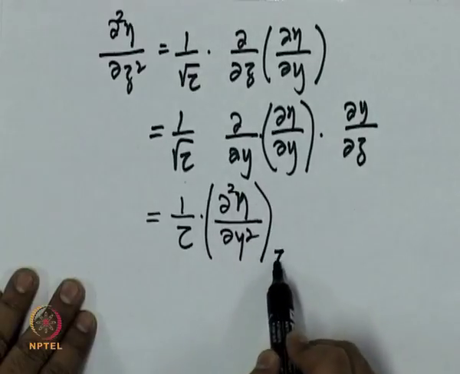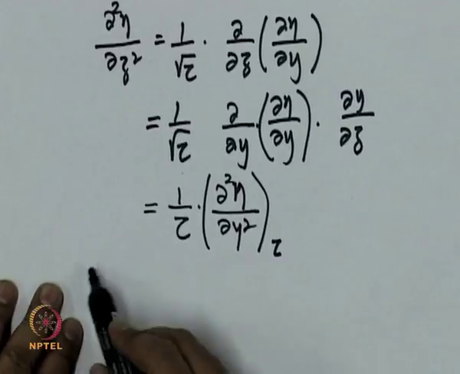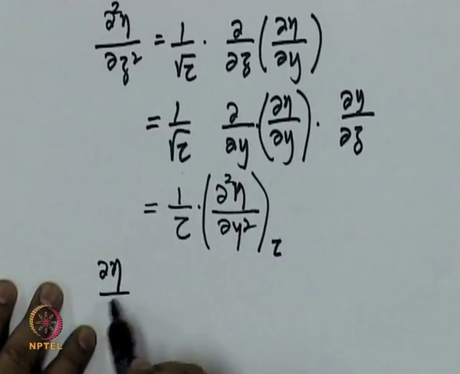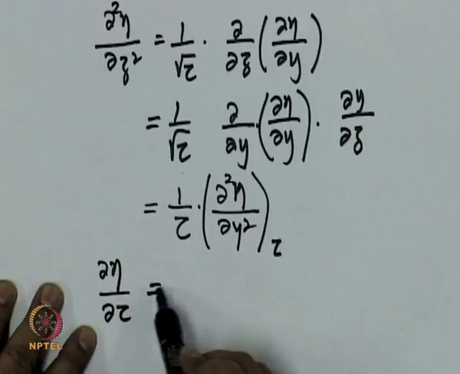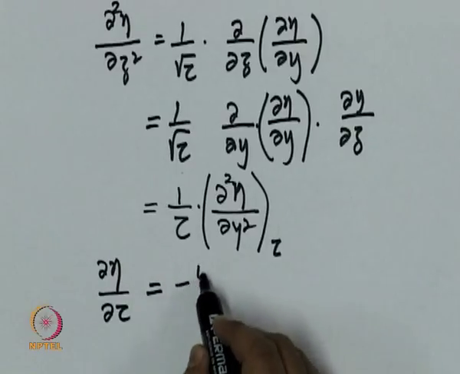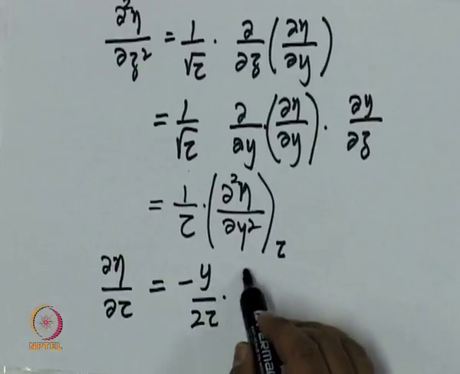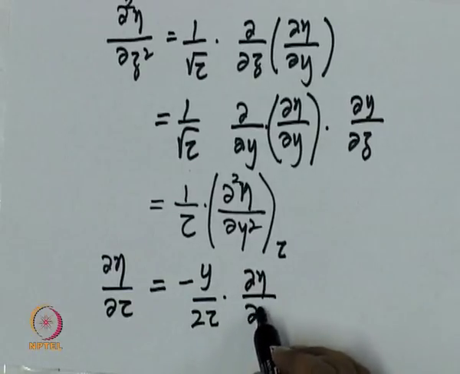In all this process we have kept τ as a constant. We know that ∂η/∂τ was obtained as minus y by 2τ times ∂η/∂y.